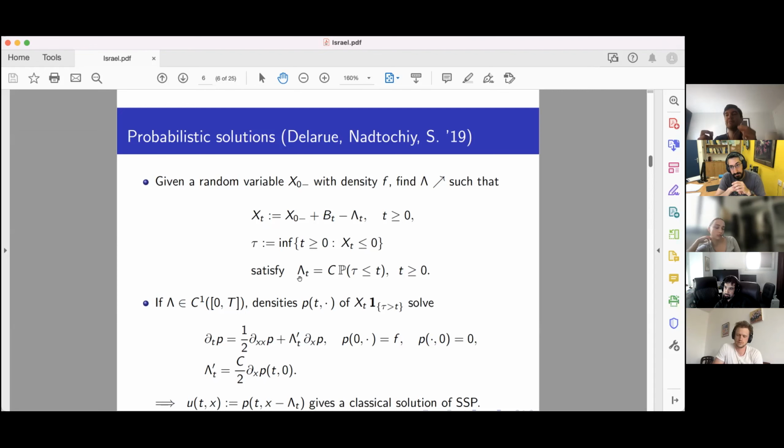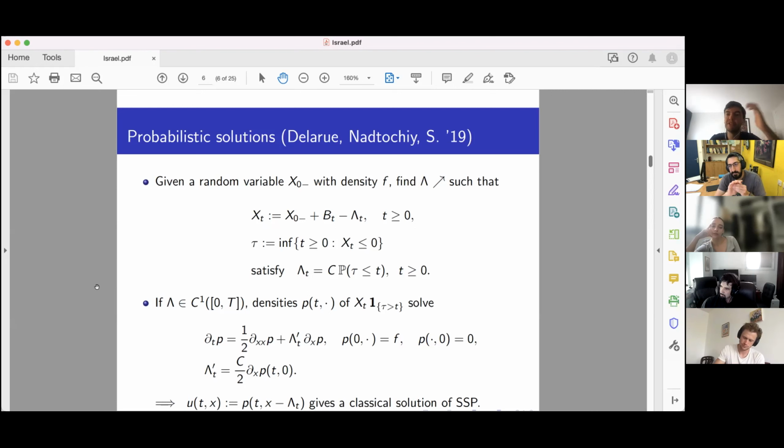If I manage to close this fixed point loop, so if indeed the CDF of the first hitting time gives me exactly lambda up to this proportionality constant C, then I'm done and I have solved the problem. Let me explain why this is really equivalent to the problem I stated before.